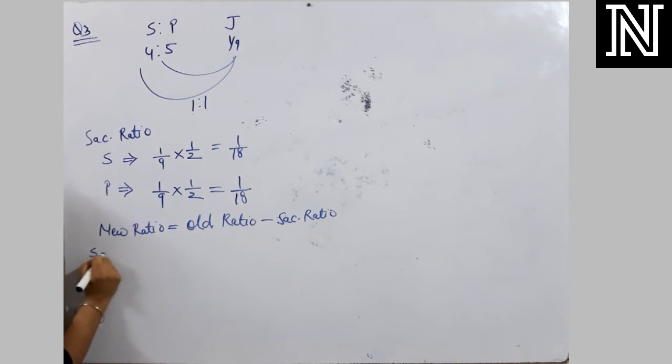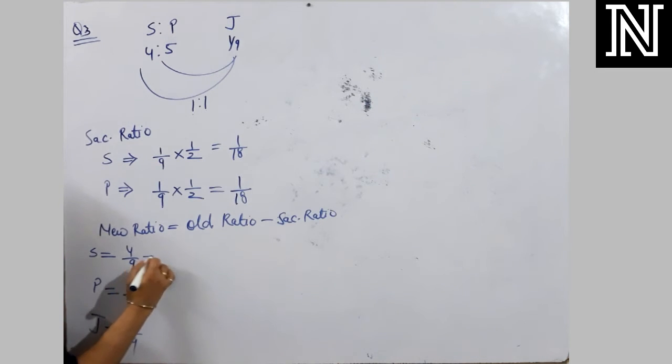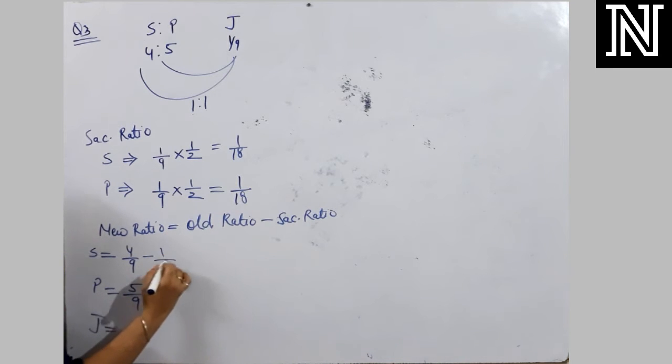We have to calculate S, P and J, because he is also now admitted as a partner. S old ratio is 4/9, P old ratio is 5/9 and J came for 1/9. Sacrificing is 1/18 each, and here J is gaining, so nothing we have to do.